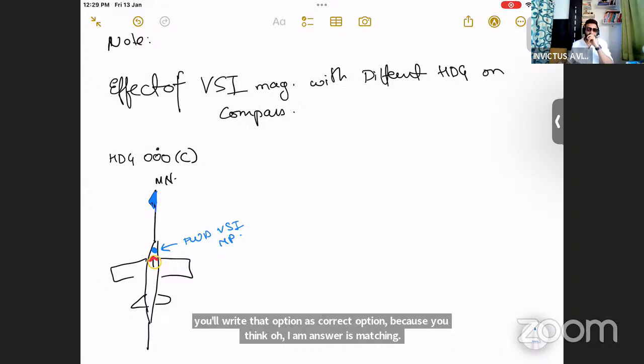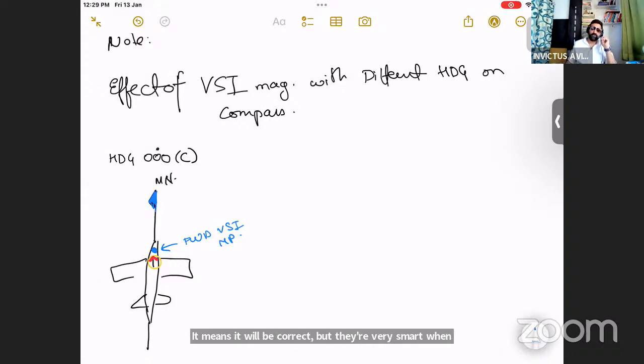But they are very smart when they are setting papers. They will give you one right option and two wrong options, but those wrong options would be the major mistakes that people make all the time. This is why we say we attempted 80 to 90 marks, but still we got 60, 65. Because we made a silly mistake, but our answer matched, so we wrote a matching answer, not the right answer. That's why I say cross-verify it twice.